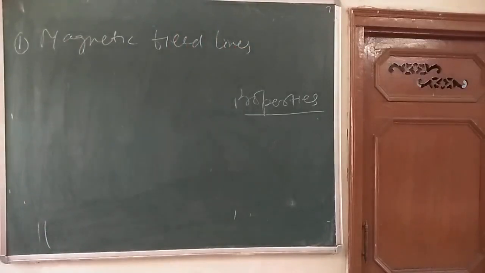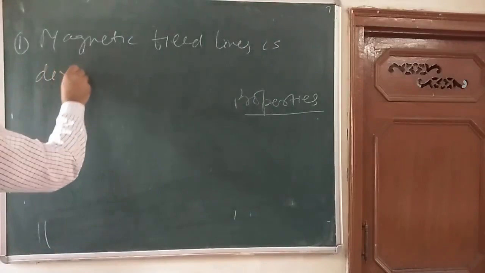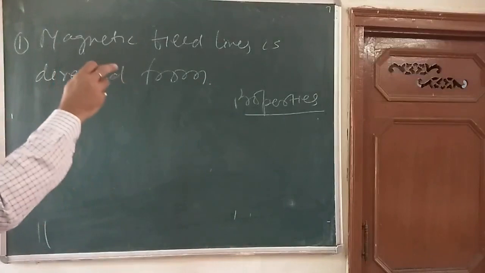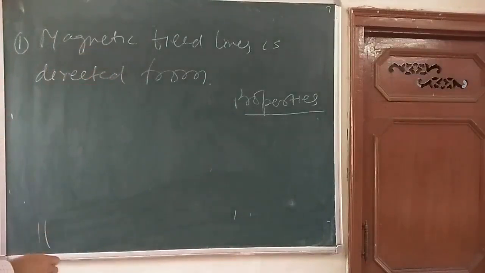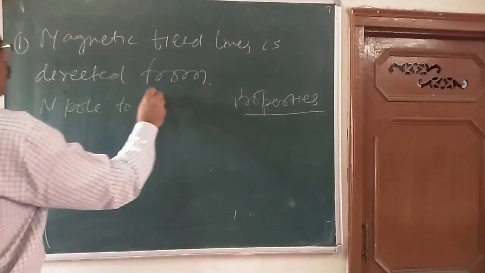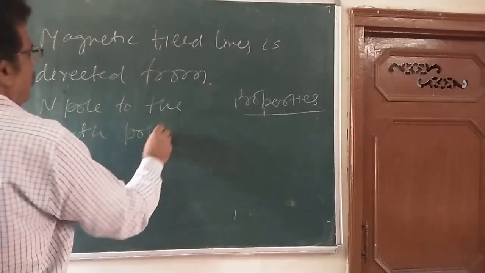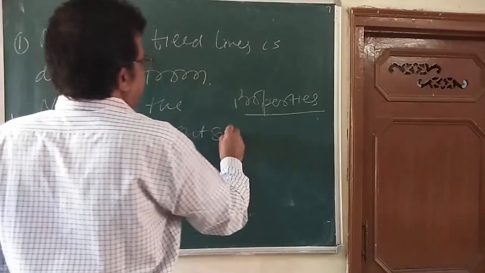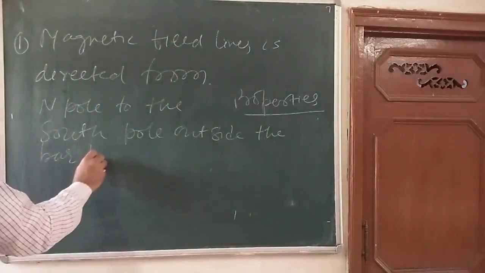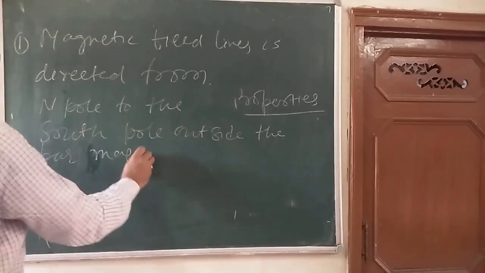Magnetic field line is directed from north pole to south pole outside the bar magnet. This is our first property. Is it clear?